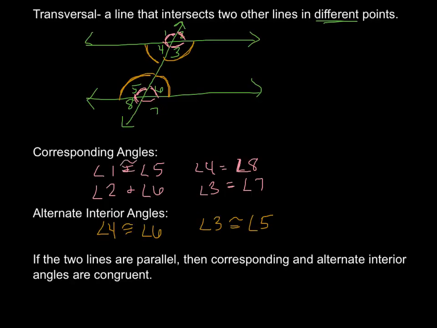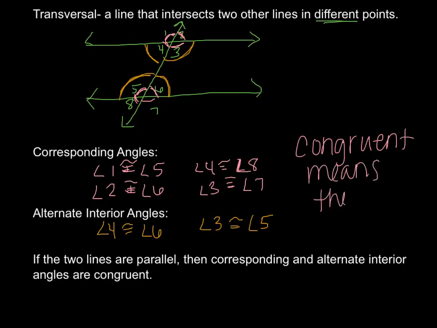We better write the congruent sign. Congruent means the same degrees. So if I'm asking you to tell me why angle 4 and angle 6 are the same, you would say because of alternate interior angles.